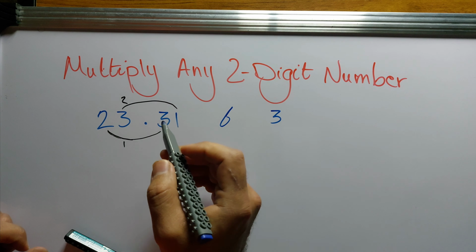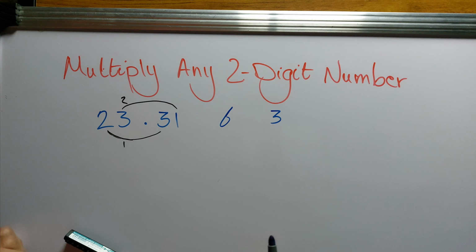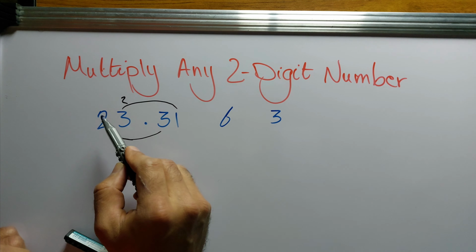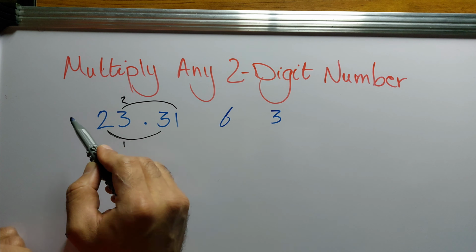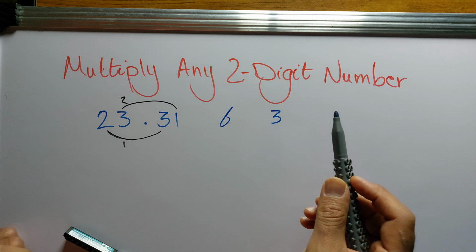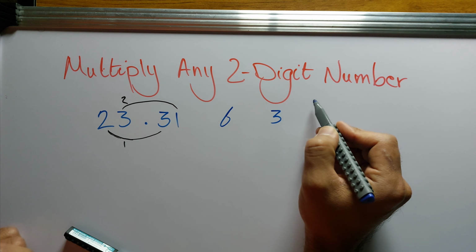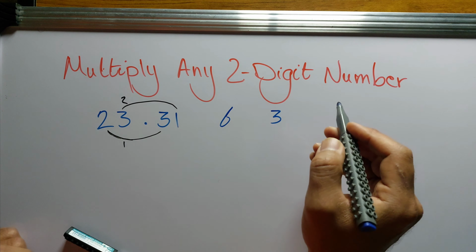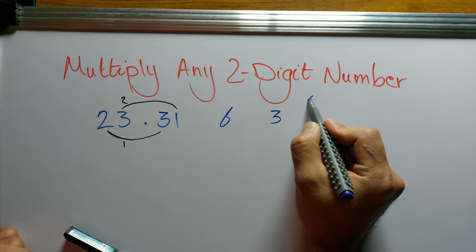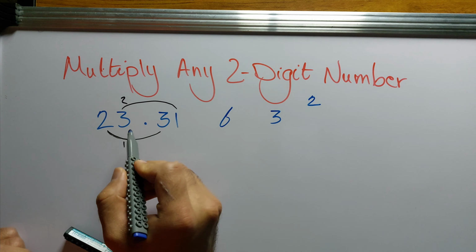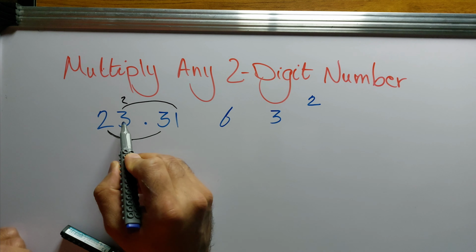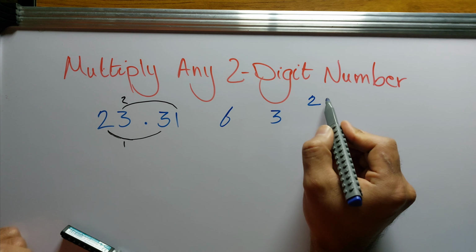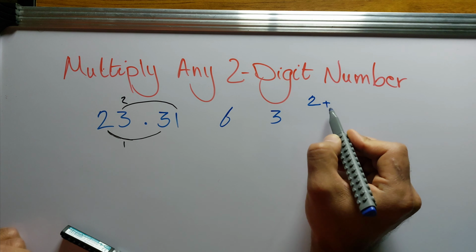And then another step is to multiply the outer digits. By outer I mean those external ones. So 2 times 1. Write it down in another location here. 2 times 1 is 2, and then multiply the inner digits. So 3 times 3 is 9.